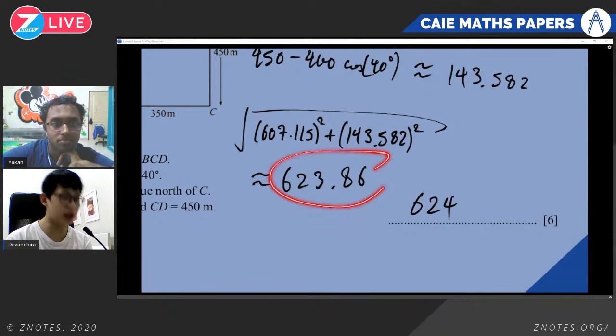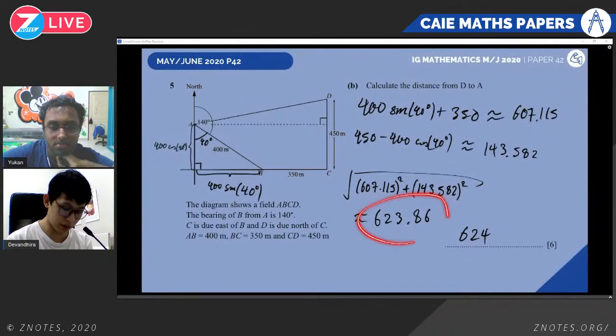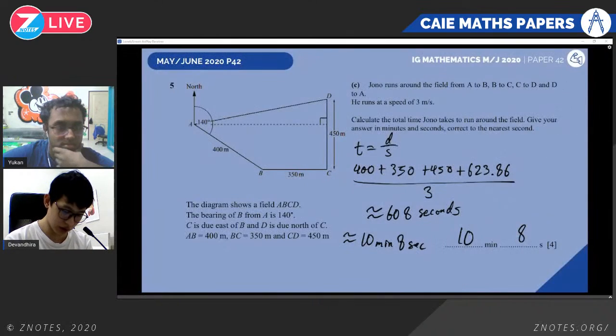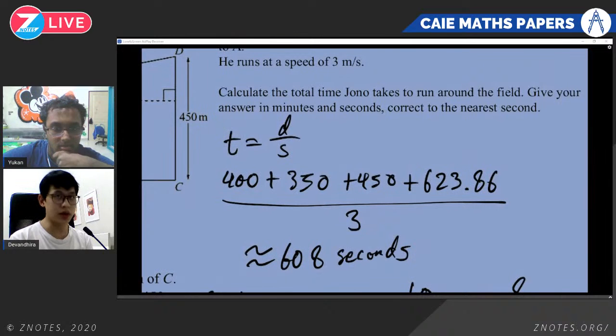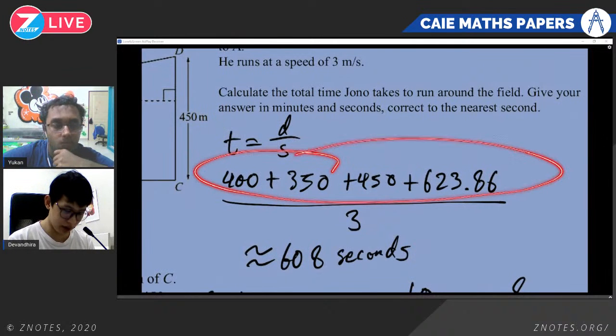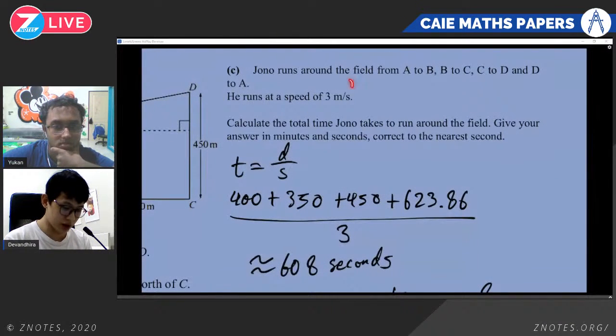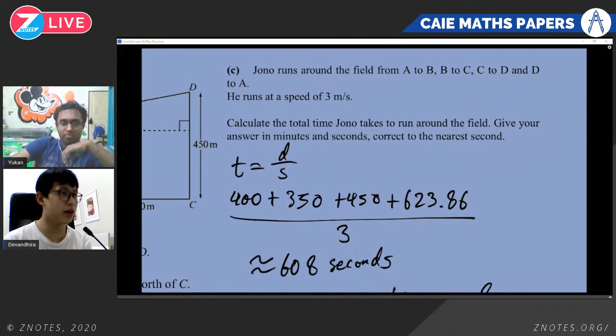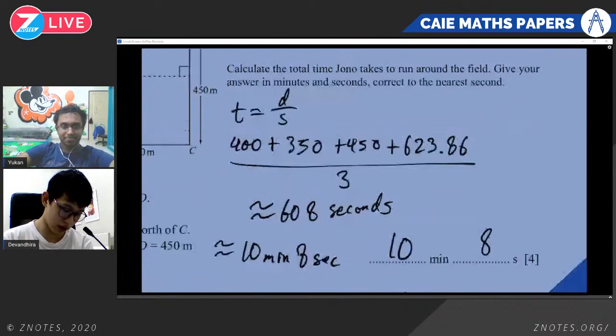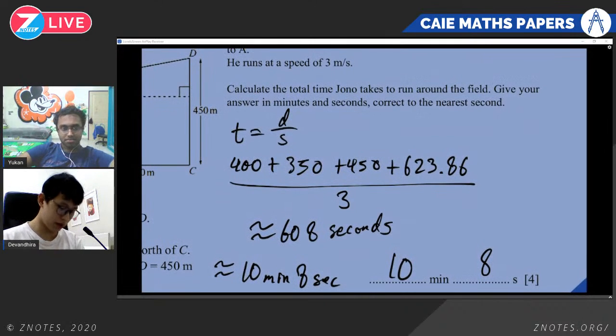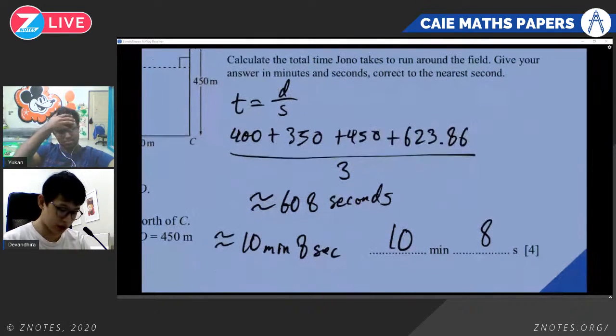I would use the more exact answer so we get a more accurate answer later on, rather than 624. So our total distance, we just have to add them right here, and the speed is just 3 meters per second. So we divide by 3. And when you calculate this, you should get about 608.